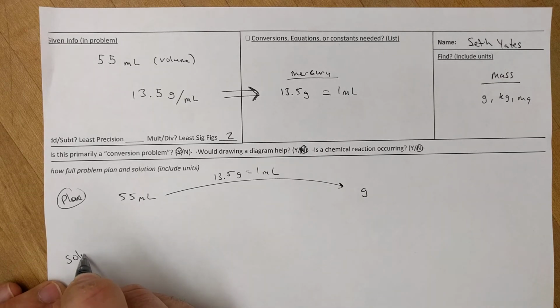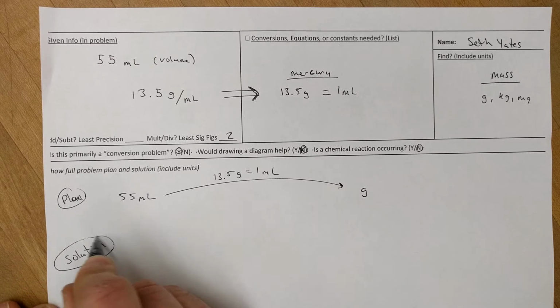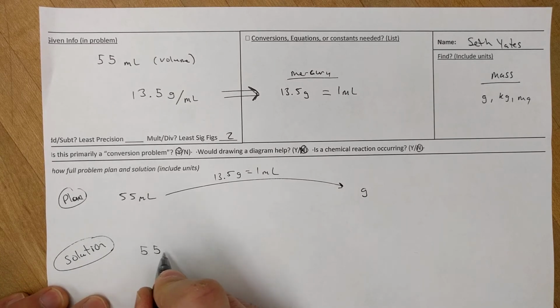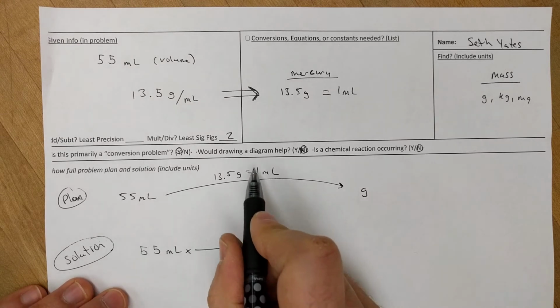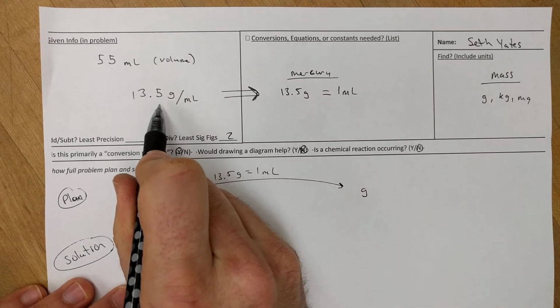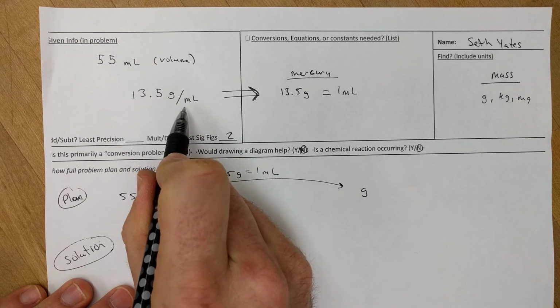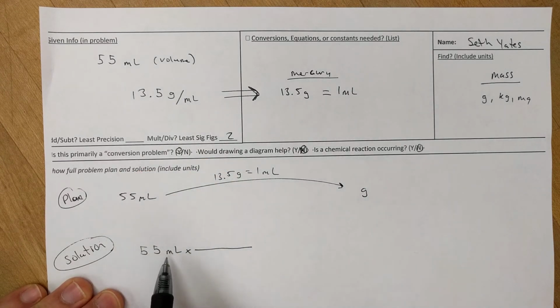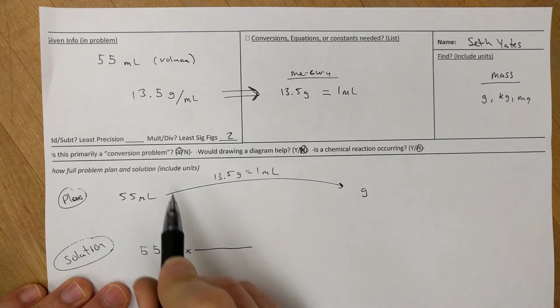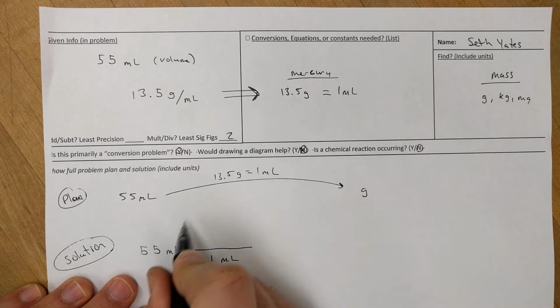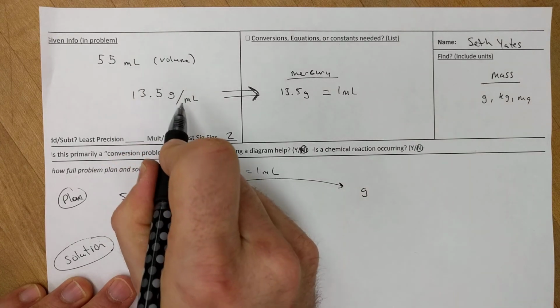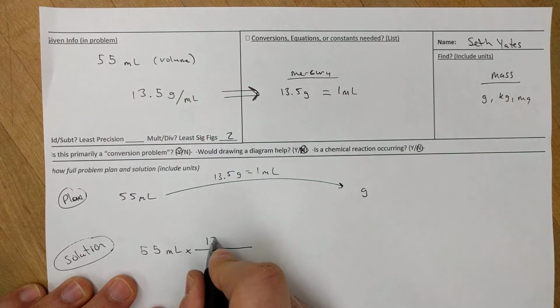So now let's work out the solution for this. 55 milliliters, in this equality, or you could even look at this ratio. Which side of this ratio matches that unit? Well, clearly it's the milliliter side. So I'm going to put the 1 milliliter side on the bottom and the 13.5 gram side on the top.